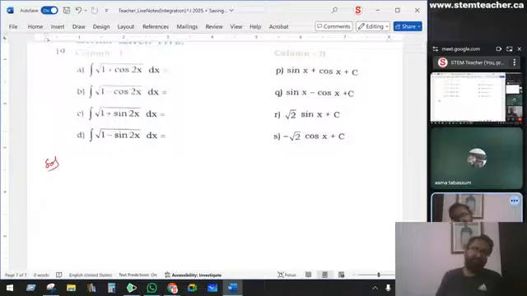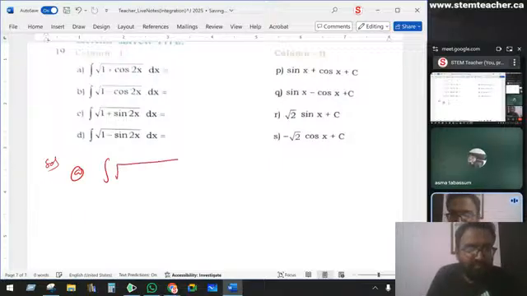Integration of, what is this? First a, you have to do all here. The a is integration of under root of 1 plus cos 2x into dx. How can we simplify?